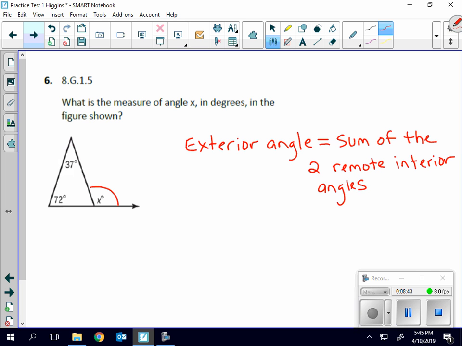So if I just take the 2 far away, that's what remote means, far away. If I just take these 2 far away angles and add them up, I'm going to get this exterior angle. So in this case, we have x, the exterior angle, equals the sum of 72 and 37. And you guys know sum means to add. So what's 72 plus 37? That looks like 109.